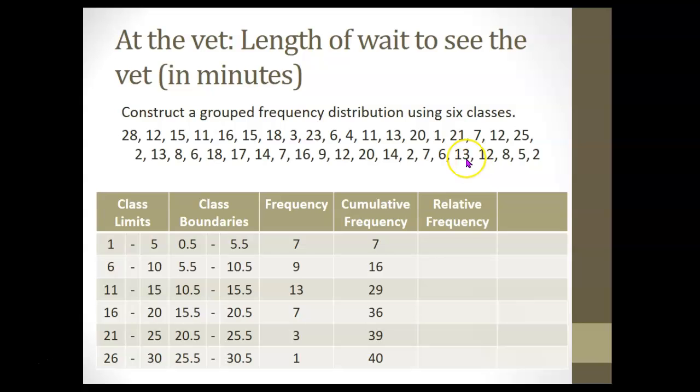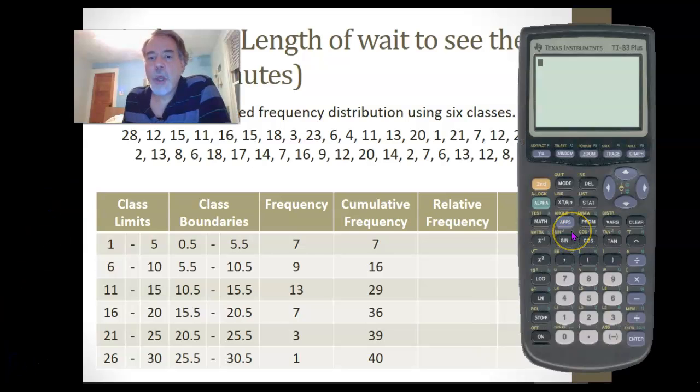What about the relative frequencies? I'm going to pull out my calculator for this. Remember, there were 40 total, 40 in all. So that's what I'm going to be dividing by each time. So 7 divided by 40 is 0.175. 9 divided by 40 is 0.225. 13 divided by 40 is 0.325, and so on.